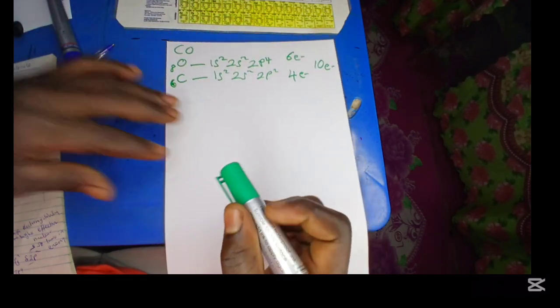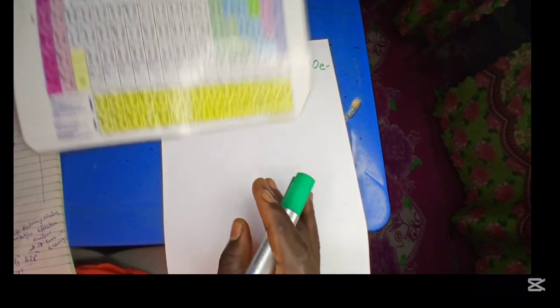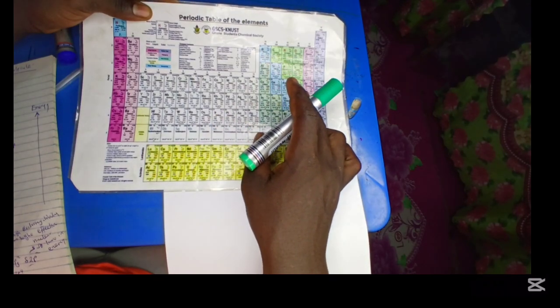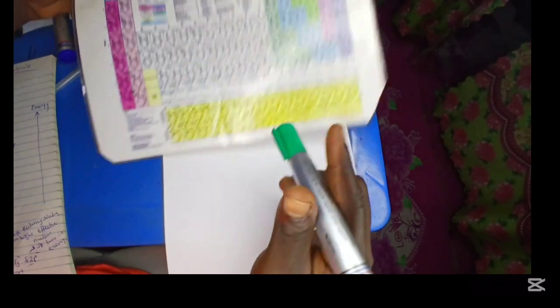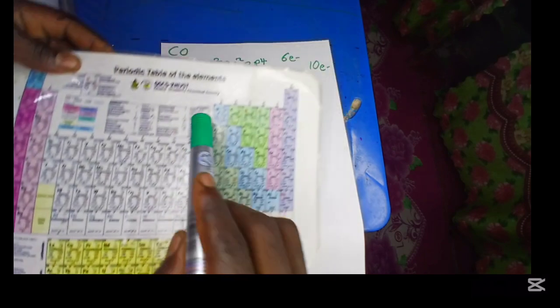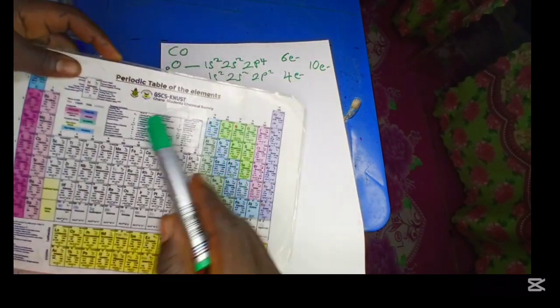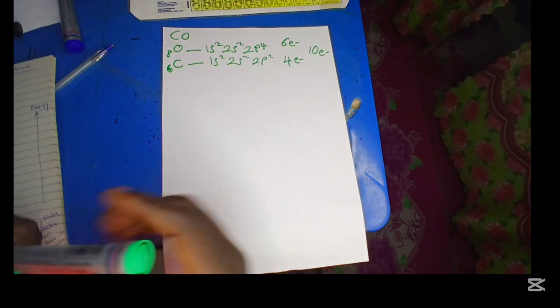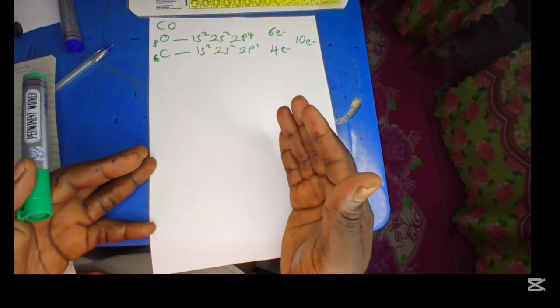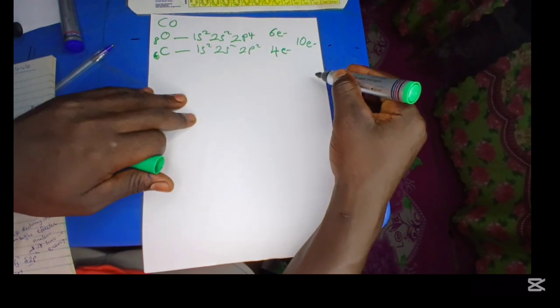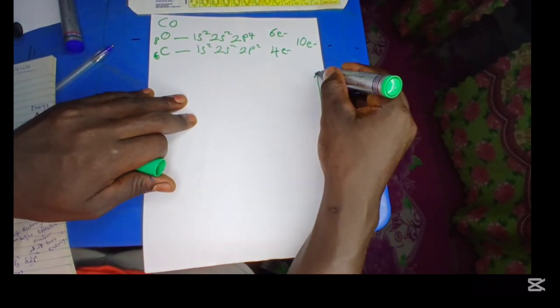Electronegativity increases across the periodic table from left to right. Carbon comes before oxygen, so oxygen is more electronegative than carbon. The electronegative atom will be at the right, and it's also going to be lower in energy. Let me indicate my energy flow.